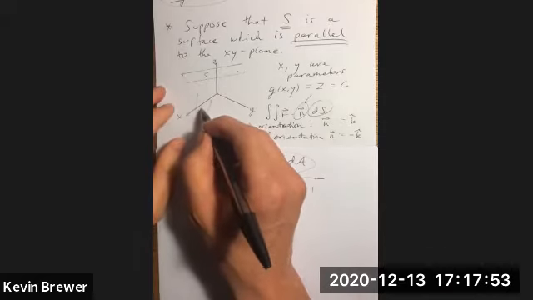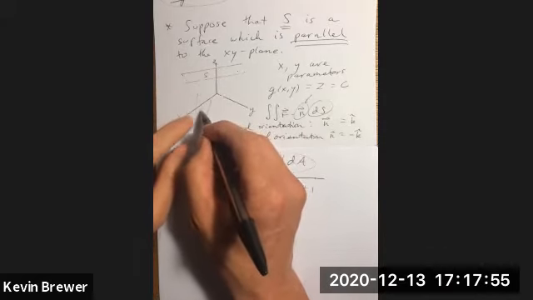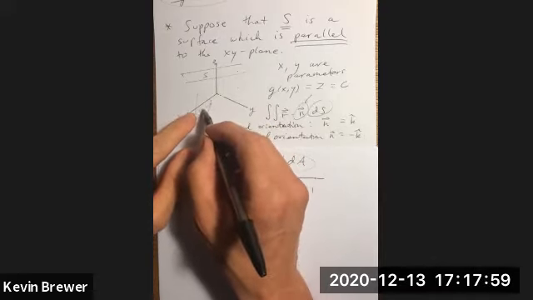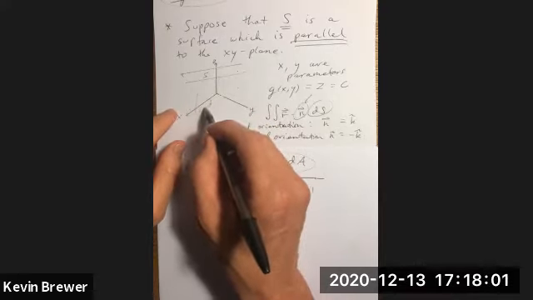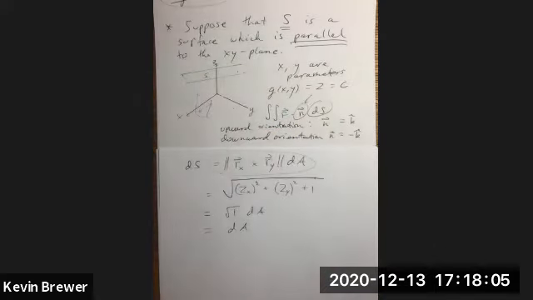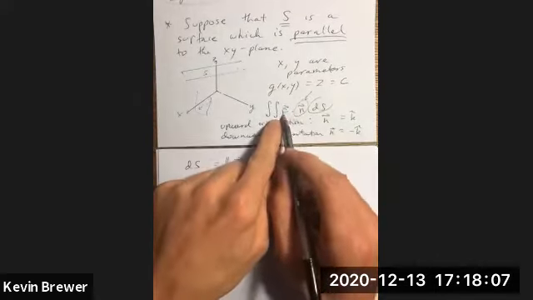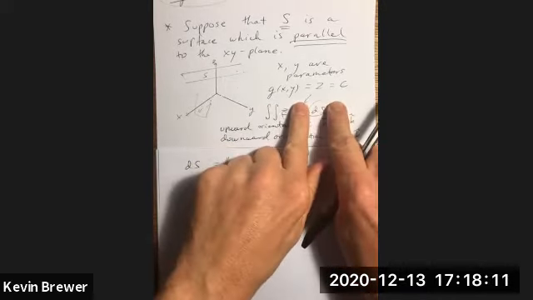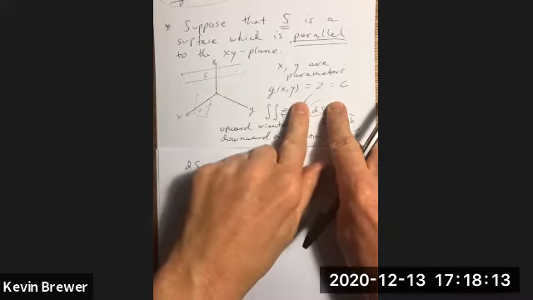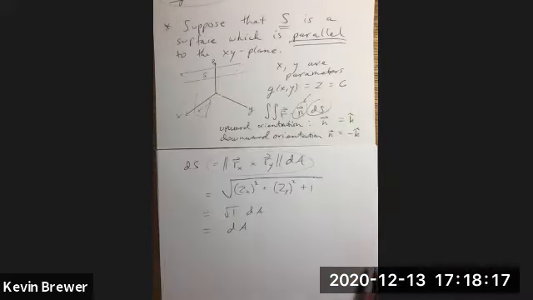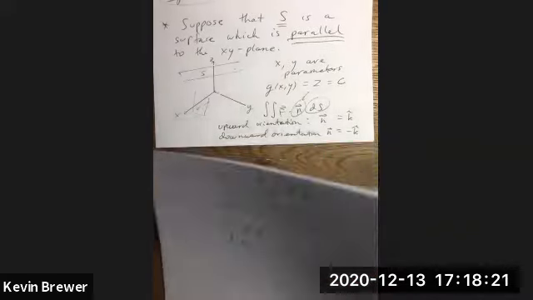Given the orientation, you can see whether your normal vector is this way or this way, and in this case it's going to be either i or negative i for the unit normal. So you can just go directly to computing F dot n, and in these cases dS is just dA, and you don't have to worry about all the cross products. So that's the point there.